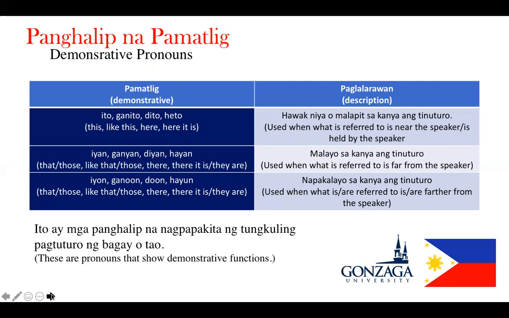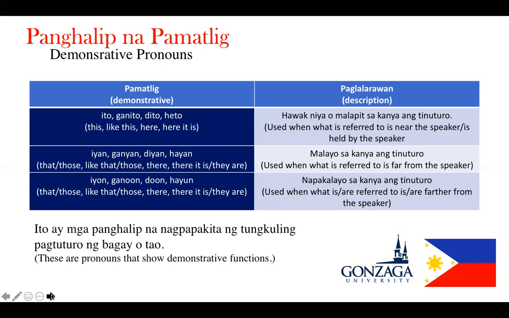Heto ang bag ko. Now, the translation there is here it is, but the it there is a replacement for the noun, right? So how do we translate this in English? Okay, here's my bag.